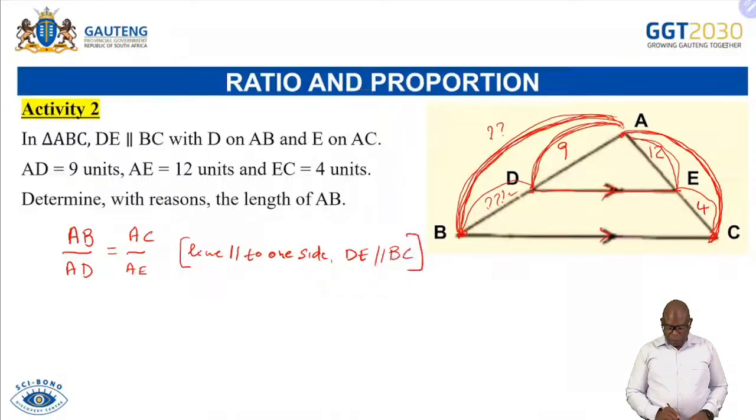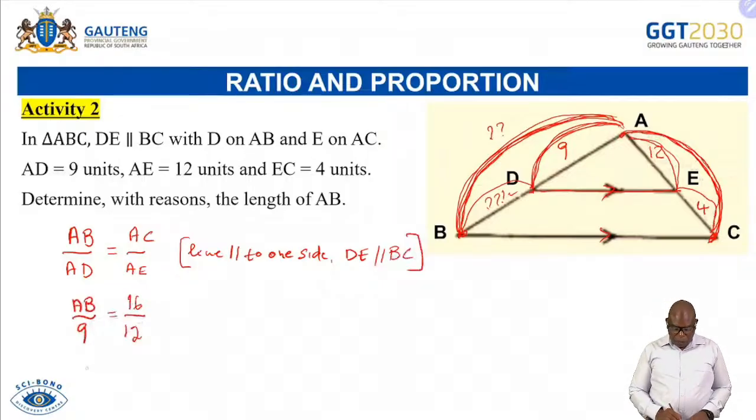The value of AB, I don't have. The value of AD I have, which is 9. The value of AC is not given, but I know it is AE plus EC. The two form part of AC, so I put 12 plus 4, which is 16. AE is 12.